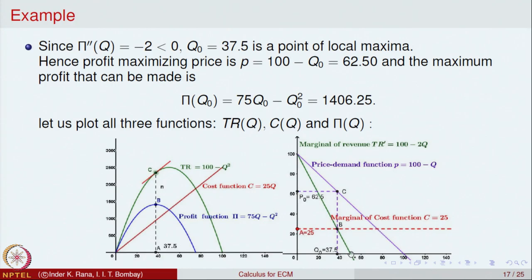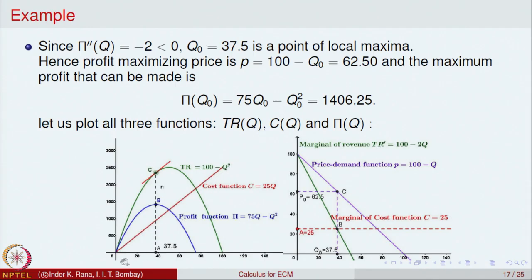The marginal cost meets the marginal revenue at this point B. That means this is the point where marginal cost equals marginal revenue, and that is happening at q equal to 37.5. So, one can also see it in the graph.